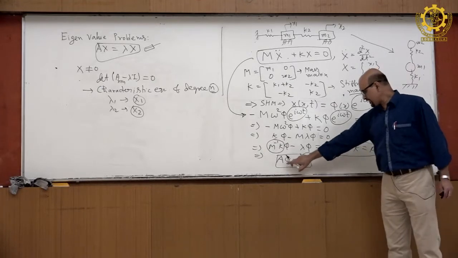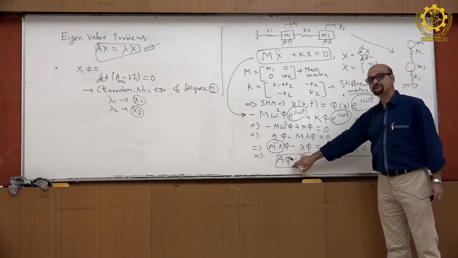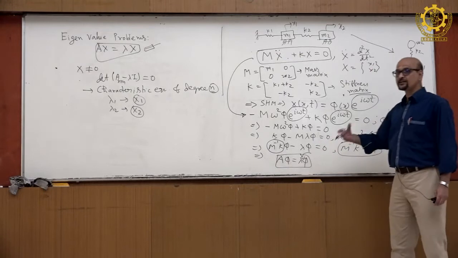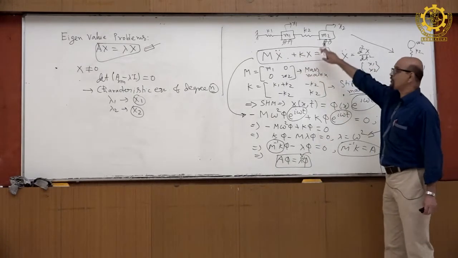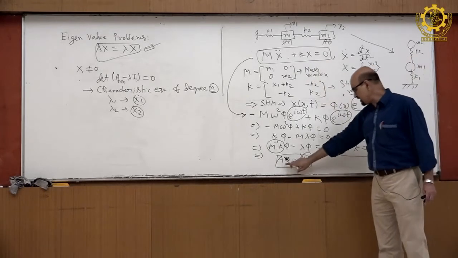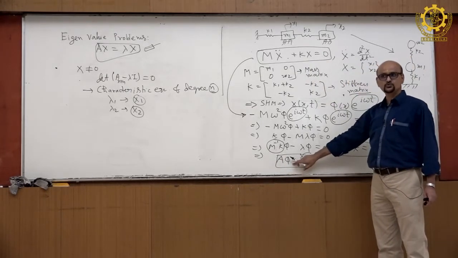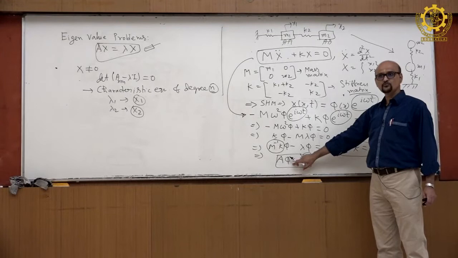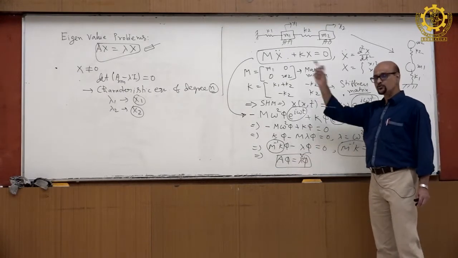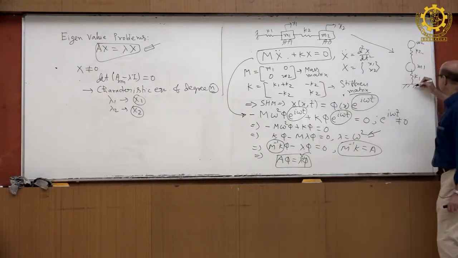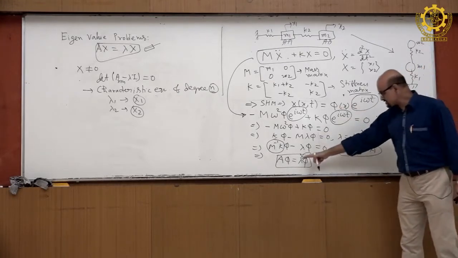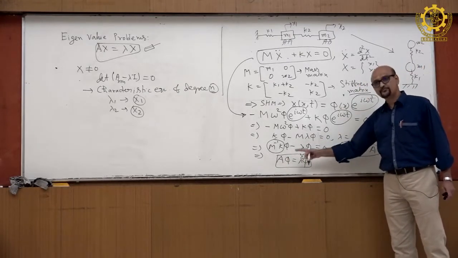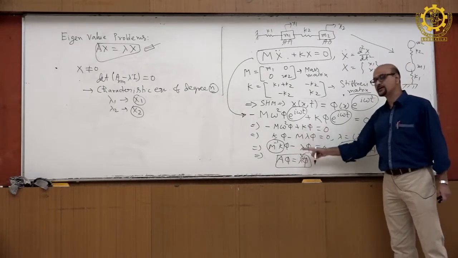Okay. So, if I have lambda 1, I can find phi 1. If it is a 2 by 2, for this I have taken a 2 by 2, phi will be 2 by 1, okay? 2 elements will be there. So, that means that lambda 1 you can find there, and phi 1, after substituting lambda 1 you can solve for phi 1, then for lambda 2 again phi 2.